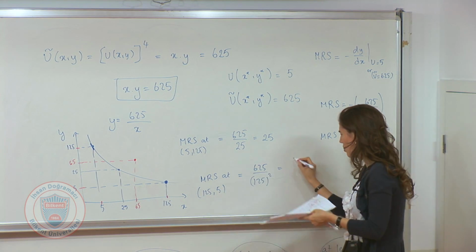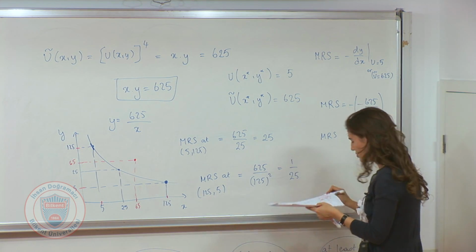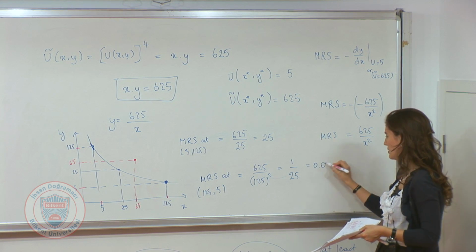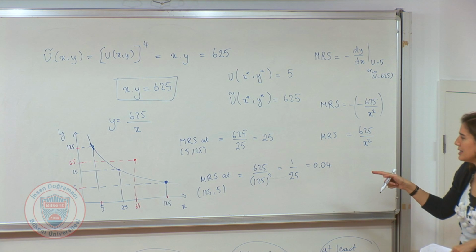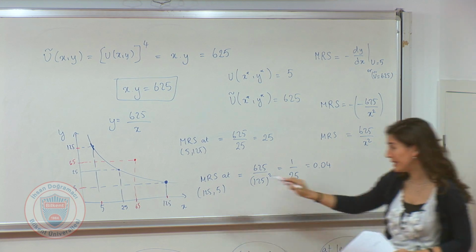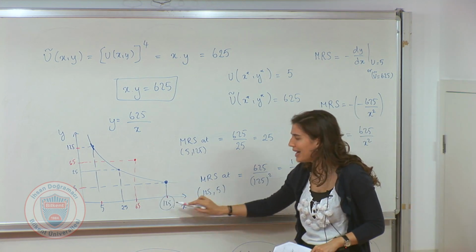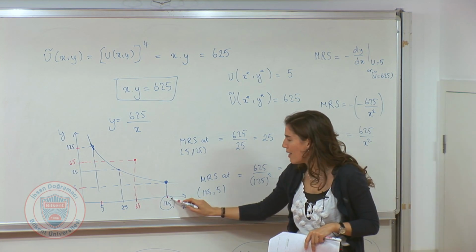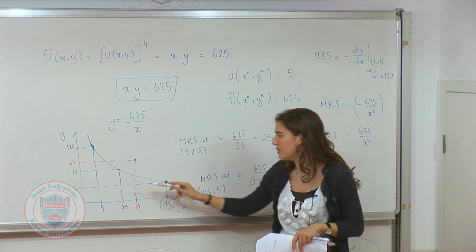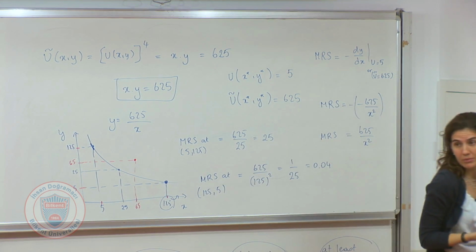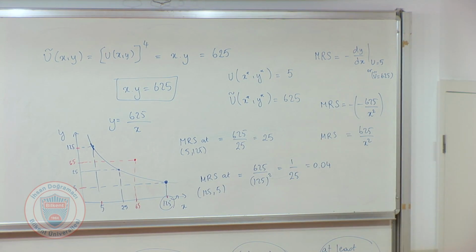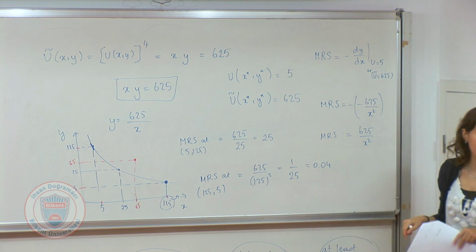It's 1 over 25, right? So 0.04. Then what is this? It means that if I'm here, because I already have lots of Coke, in order to have one more Coke, I'm willing to give up very little pizza, right? Like 0.04 slices of pizza, okay?